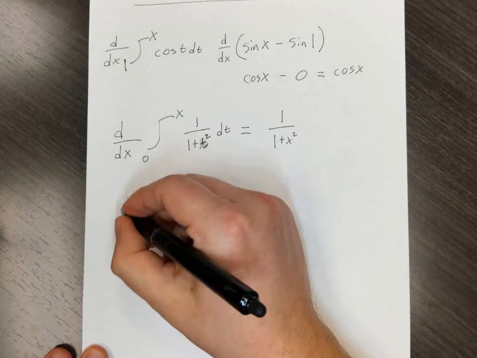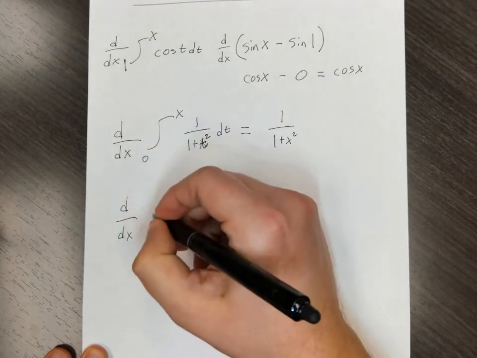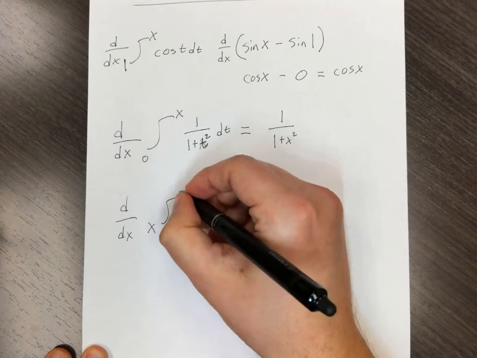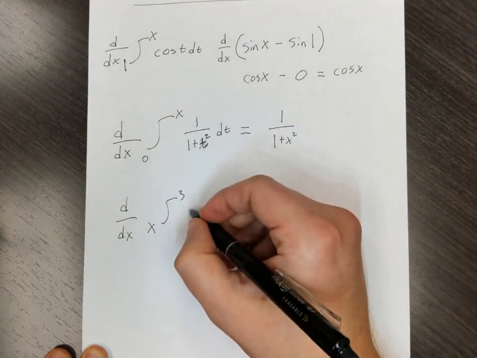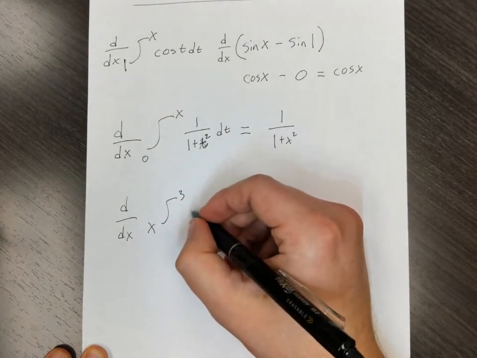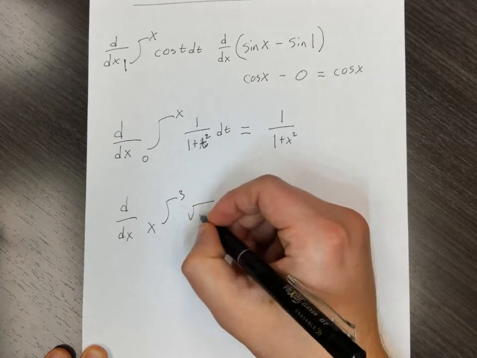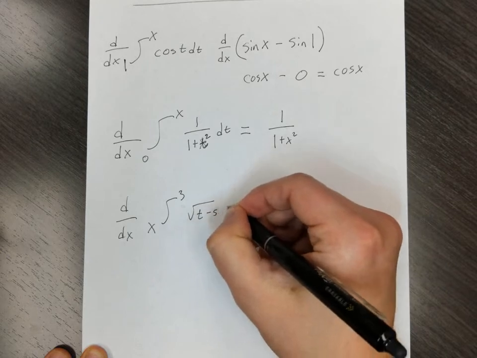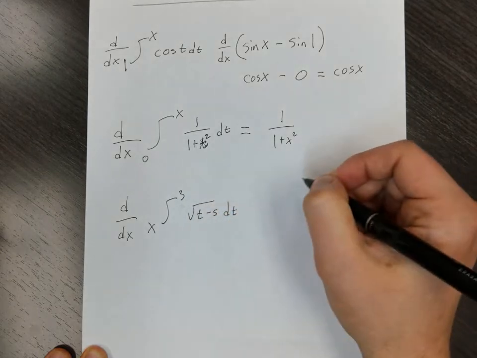The first one would be if we had d dx. Now let's say I had the x as my lower limit, and then again, this part doesn't matter. We'll say the square root of t minus 5 dt.